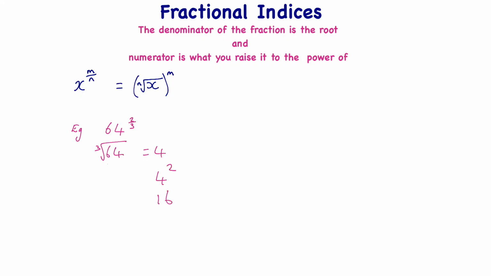Whenever you write your workings out, it's often written like this, so it shows that you're doing the cube root first, and then you square it afterwards. Now you could also square it first, and then do the cube root. However, the reason you wouldn't do it this way is that trying to square 64 would be very difficult.